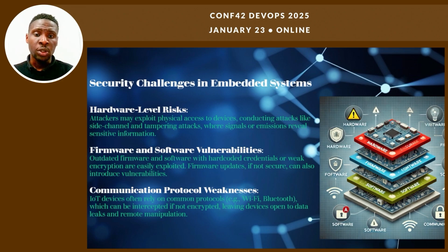Also, we have firmware and software vulnerabilities, things like outdated firmware, software, and weak encryption, which, if not properly secured or regularly updated, could be exploited by cyber attackers. Also, we have communication protocol weaknesses. These IoT embedded devices rely heavily on communication protocols like Wi-Fi and Bluetooth. So if not properly secured, they could be intercepted by cyber attackers.